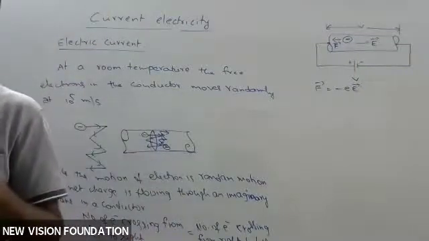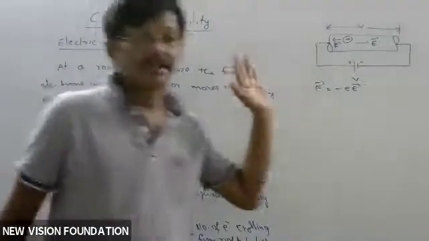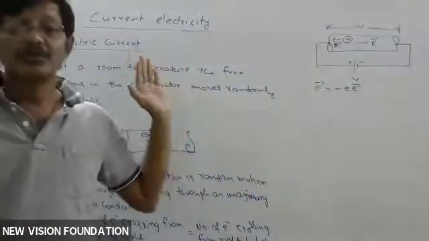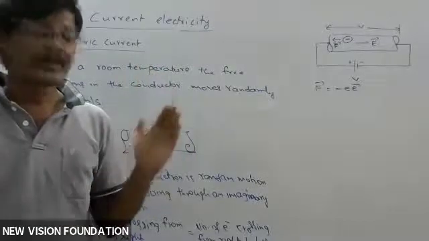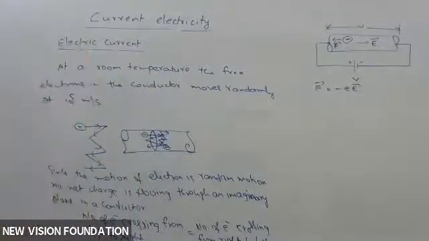After it comes to rest momentarily, again it experiences the electric force opposite to the electric field direction and starts moving again until it undergoes the next collision. In that way, these conduction electrons move opposite to the electric field, in the direction of increasing potential.